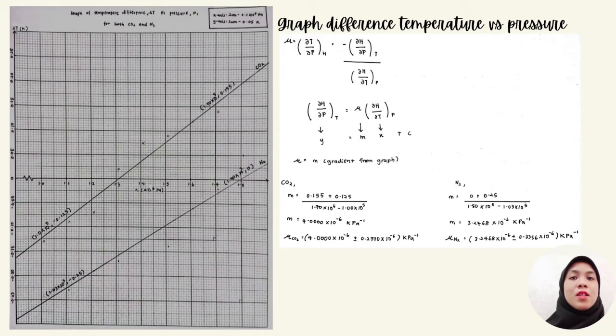For the value of the Joule-Thomson coefficient for carbon dioxide, we determined it as 4.0 exponent -6, while the value of the Joule-Thomson coefficient for nitrogen gas we determined as 3.2468 exponent -6.